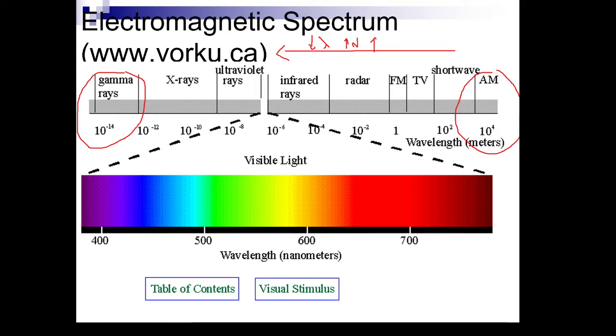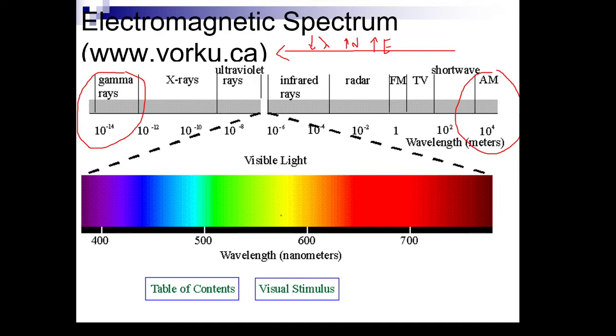Therefore, the amount of energy that the wave is presenting is greater. So a gamma ray has greater energy than an AM radio wave, which makes sense, because X-rays, gamma rays, and ultraviolet rays are what do damage to us. AM radio waves, unless we're sitting right next to the tower, we're not really going to get injured.